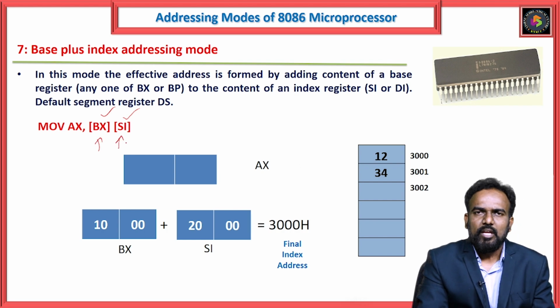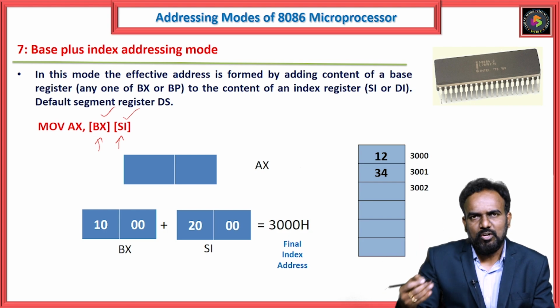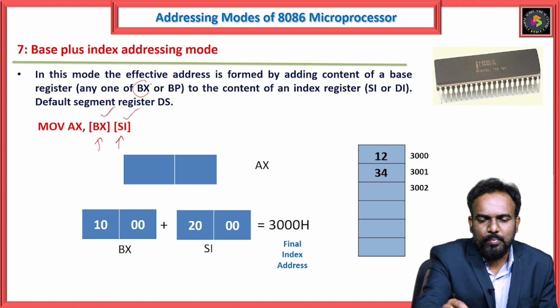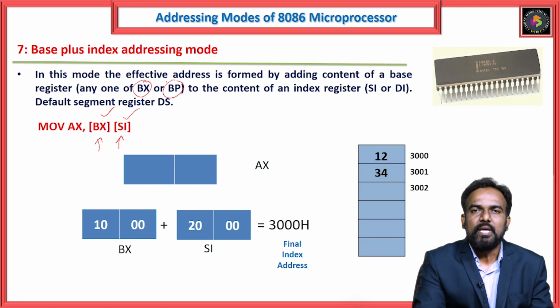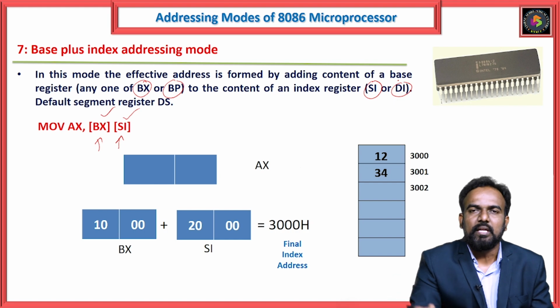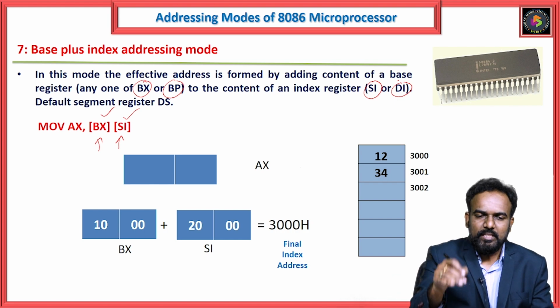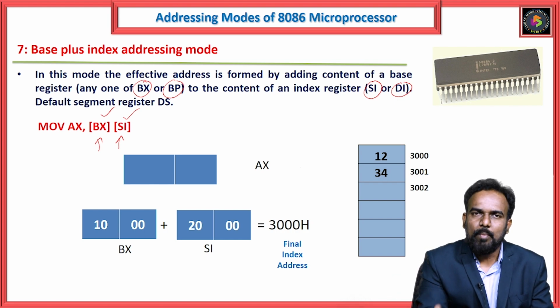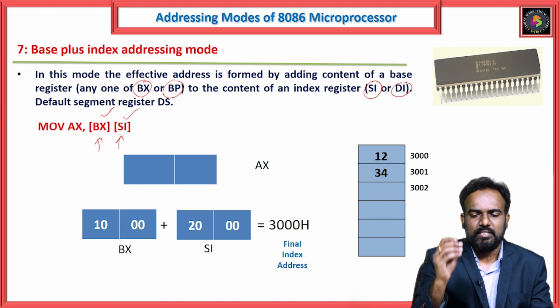If you check the 14 registers of the 8086 microprocessor, BX and BP are the base registers, and SI and DI are the index registers. In this addressing mode, the operand must be a combination of a base register and an index register.